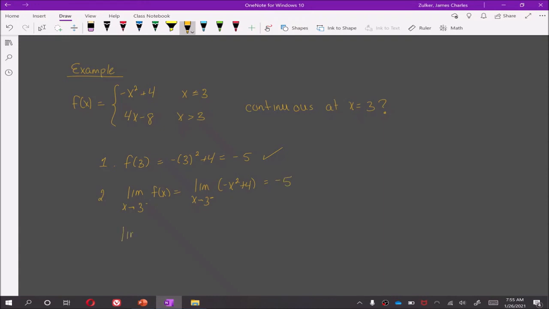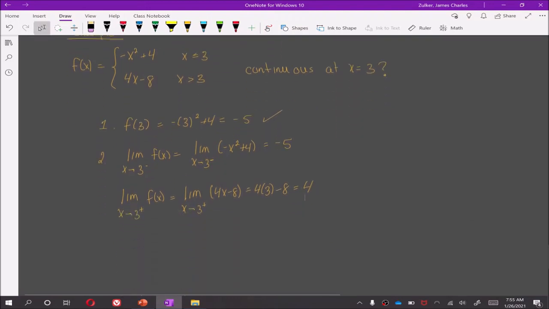Next up, we check the limit from the right. Since this is a right-handed limit, we will use the piece for x greater than 3. This will give us 4 times 3 minus 8, which is 12 minus 8, which is 4. These two limits are not the same.